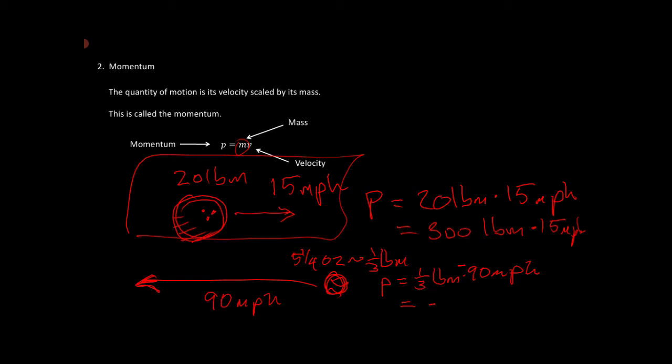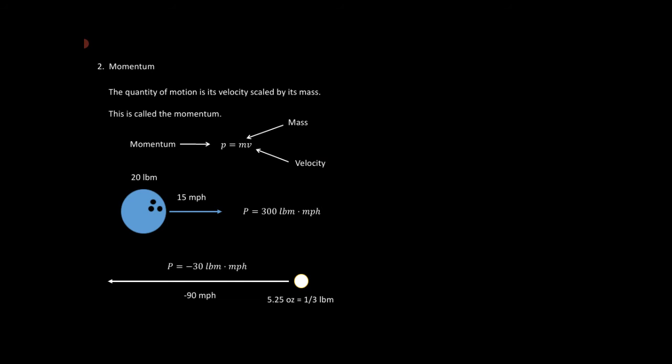So that's going to be equal to minus, cancel one of the 3s and the 9, 30 pounds of mass times miles per hour. I really wanted that to be larger than this one, but that's just not the way it is. Bowling balls have more momentum than even the best fastballs. This is not really fast for a bowling ball. This is reasonably fast for a baseball. Okay, so that's how that is.